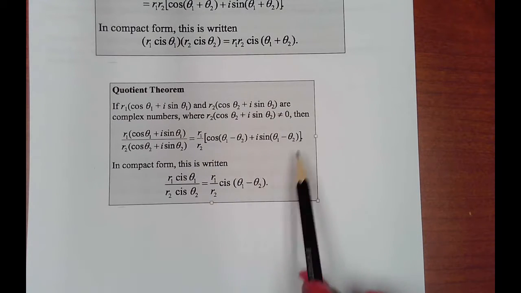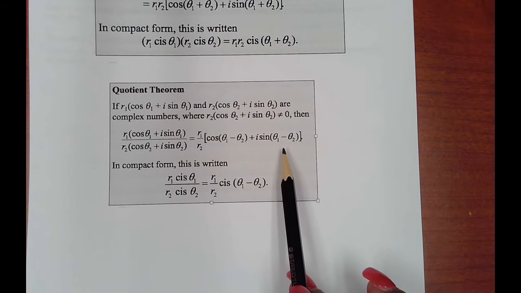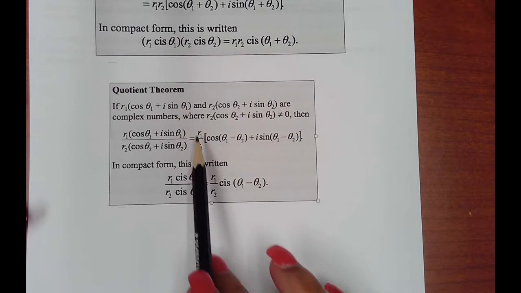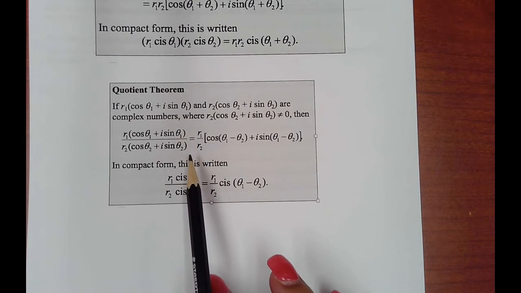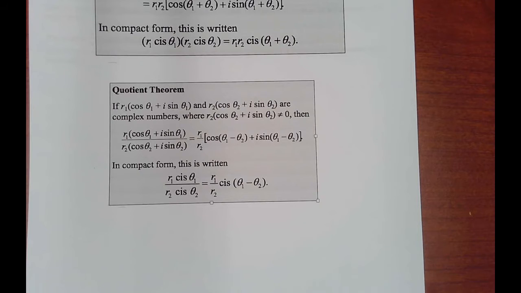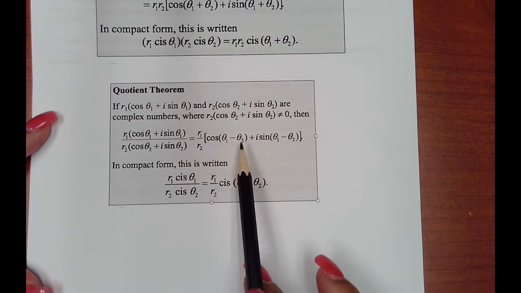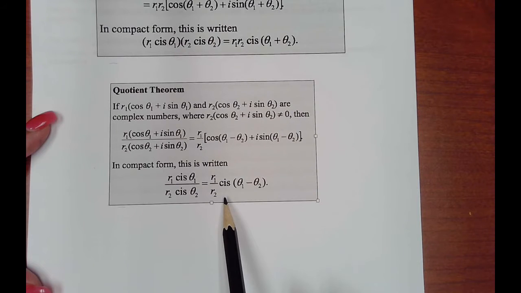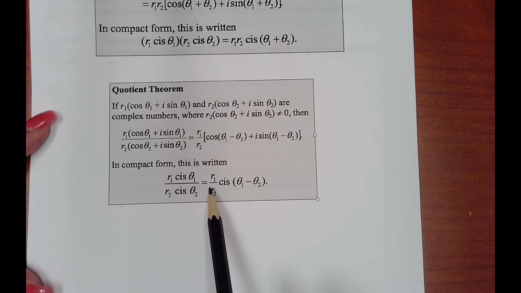And that will be your quotient. You'll have one angle here after you do the subtraction, and you'll have one value here. It may be a fraction, it may be a decimal, it may be an integer. If you want to give it in the shorthand version, you could take this quotient and represent it like this. Whatever you got for the quotient of the r values will go out here.